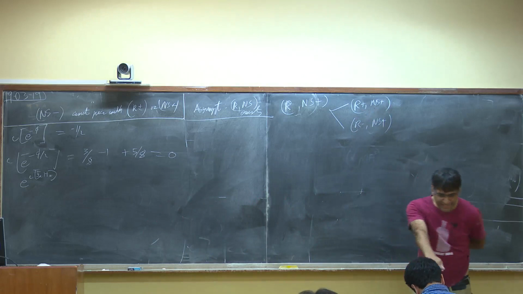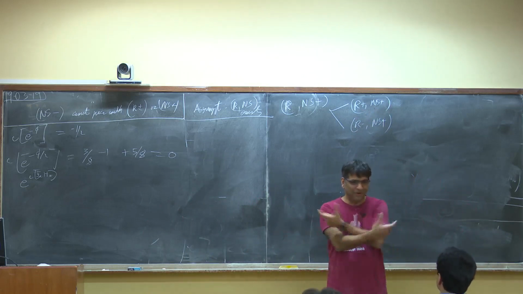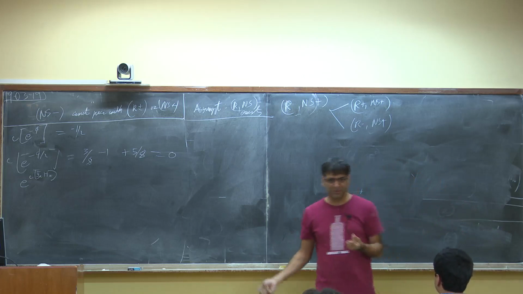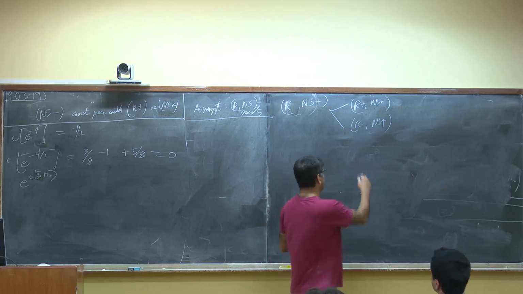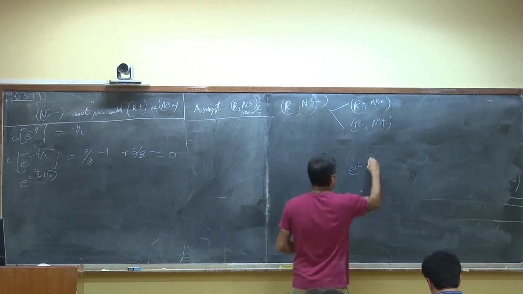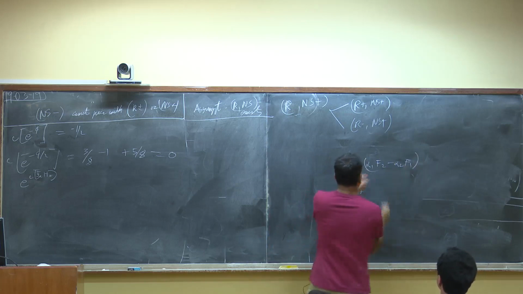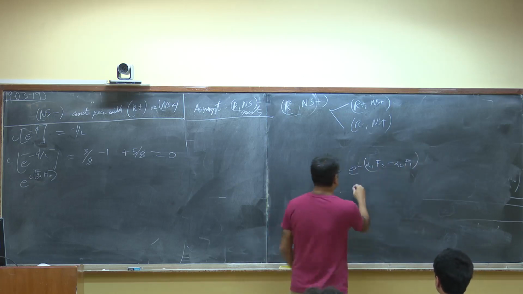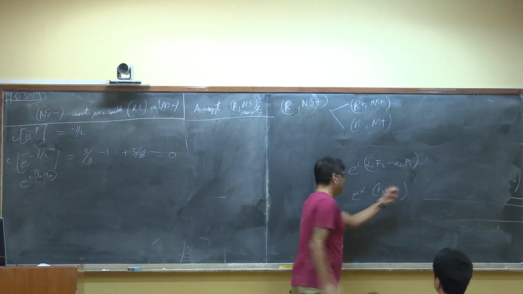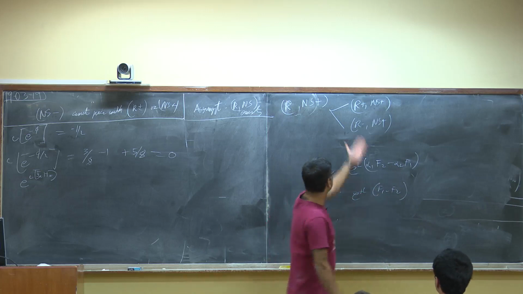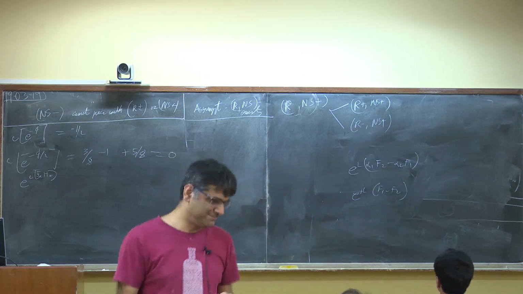And precisely in answer to Upmanyu's question about whether the Ramond sectors could have a problem in mutual locality. So all of the phases come from the left moving side. And remember that this was basically e to the power i times alpha 1 f2 minus alpha 2 f1. In this case, alpha 1 and alpha 2 are both 1. So it's e to the power i times f1 minus f2. But f1 minus f2 is also 1 because one of them is plus and the other one is minus. So they can't both occur.